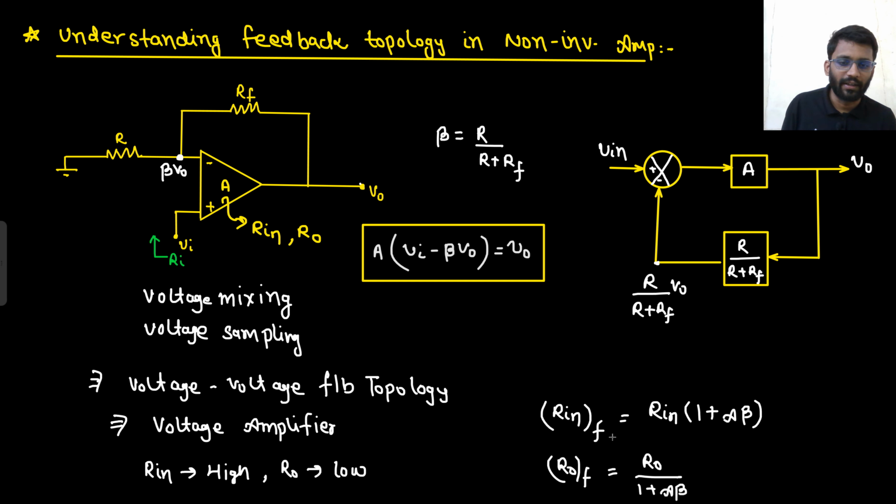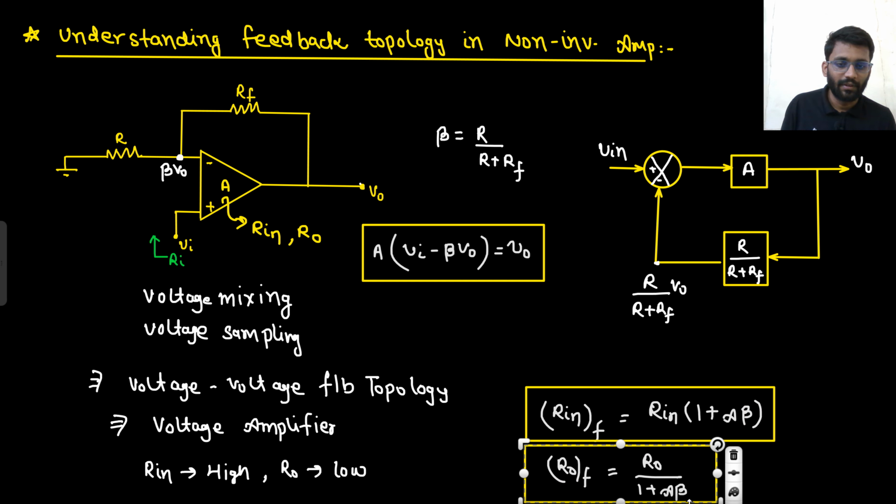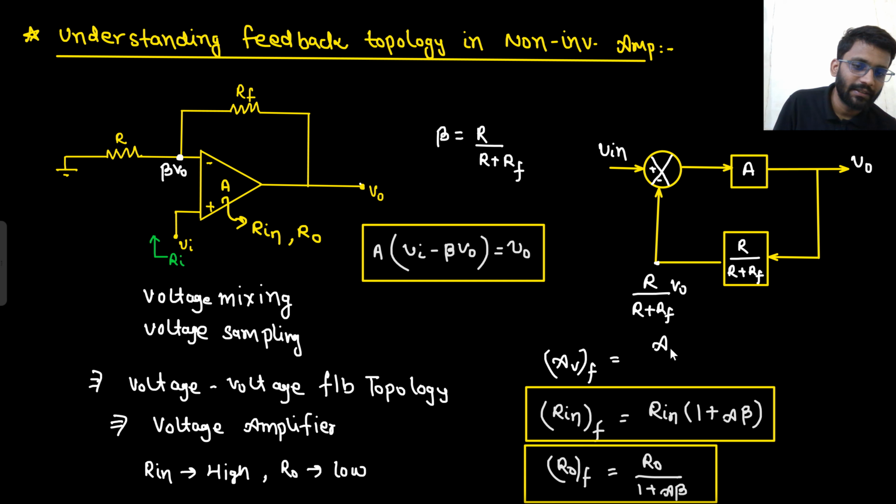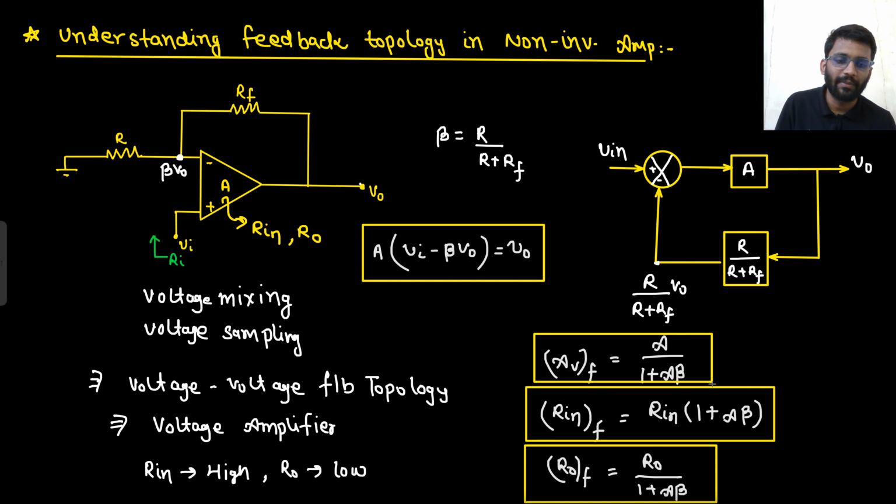So this is how you can write Rin, and this is how you can directly write R0. And what about voltage gain? In negative feedback, we know the gain is A upon 1 plus A beta. That's it. Without doing any calculation, just by the concept of feedback topology, we have jotted down all the answers. Say yes or no.